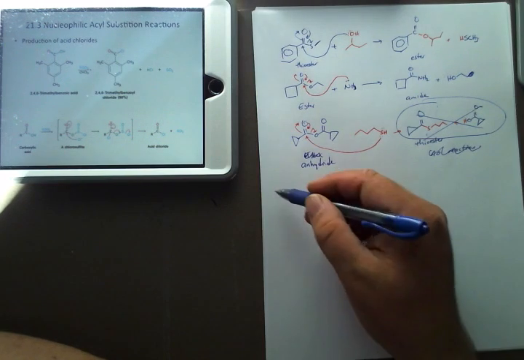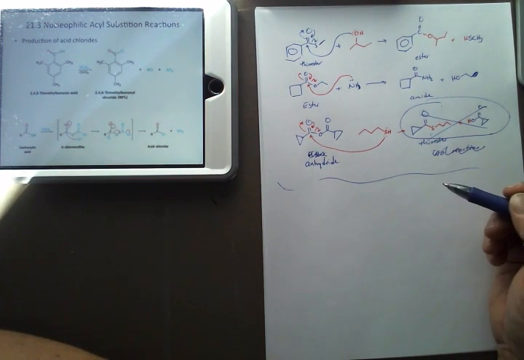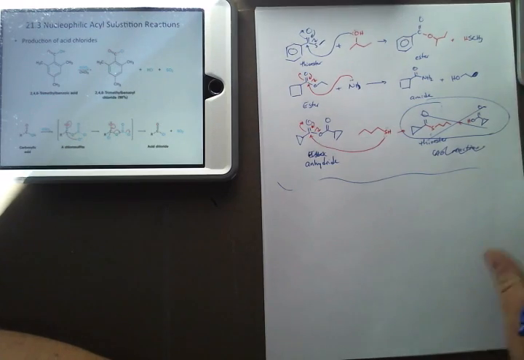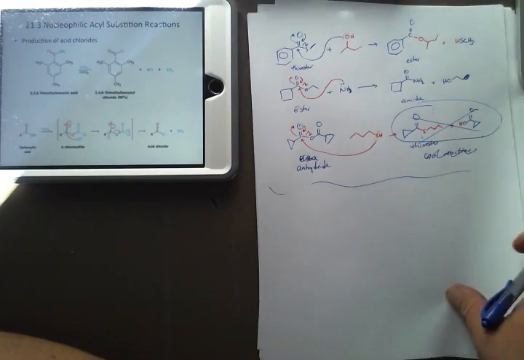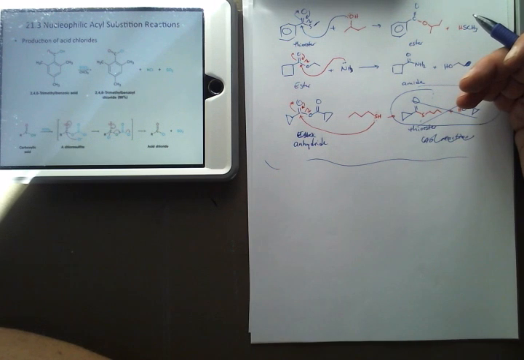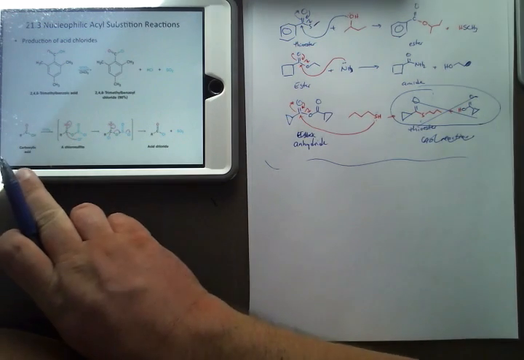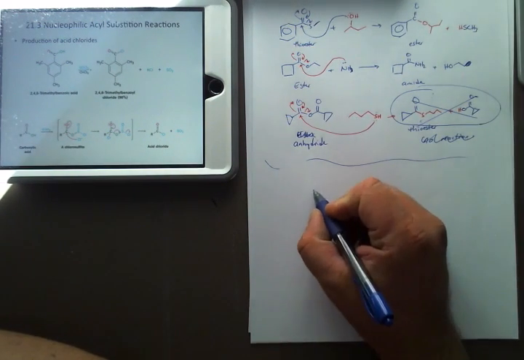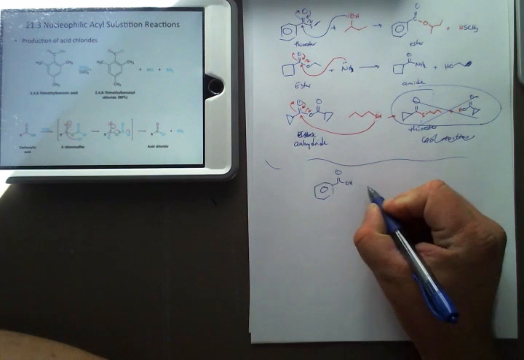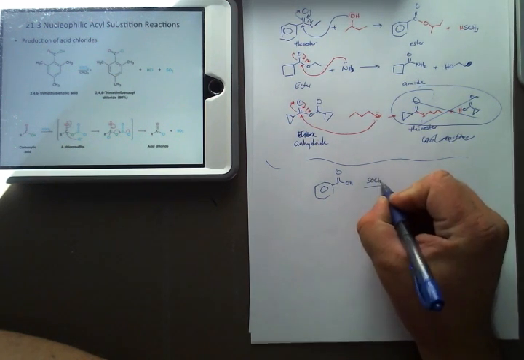Okay, so the question becomes, if acid chlorides are at the top of the list, how do we make them? What we end up having to do is make them more energetic to be able to make the thioester. So let's say you have something like this, and you have a compound called thionyl chloride.